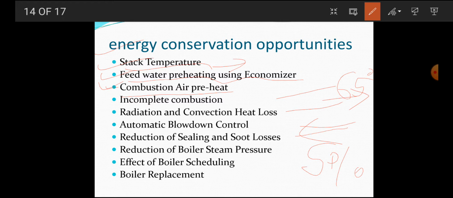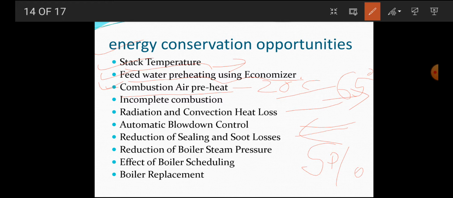In order to improve the thermal efficiency by 1%, the combustion air temperature must be raised by 20 degrees Celsius, not raised to, but by. Meaning if the entering air temperature is 25 degrees Celsius, we need to raise it to 45. So a 20 degrees Celsius rise is required.